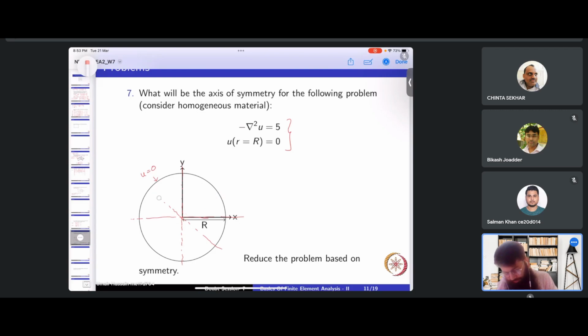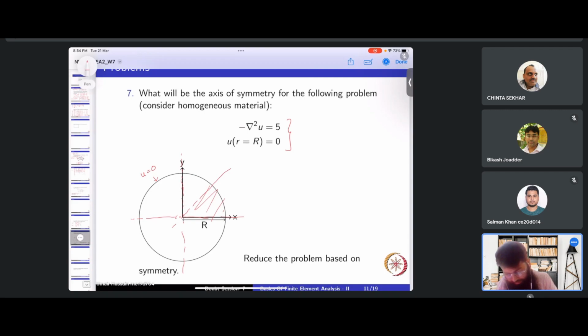If we start reducing this problem, suppose we start by bifurcating into a semicircle. We'll have this domain. Again, this problem is symmetric about this axis, so now we are left with only this much. Again, we can take symmetry about this axis, and we are left with this much.